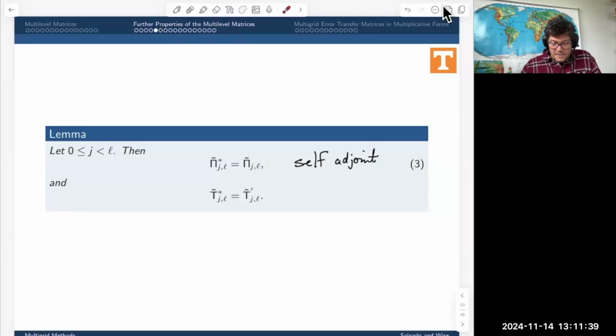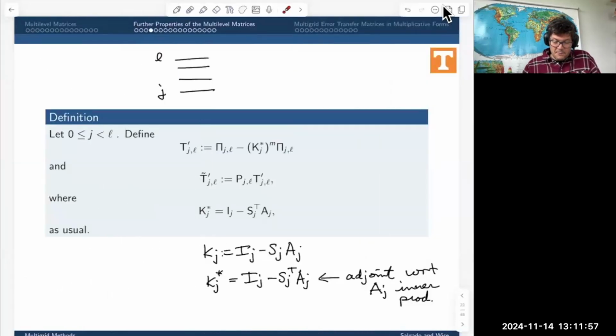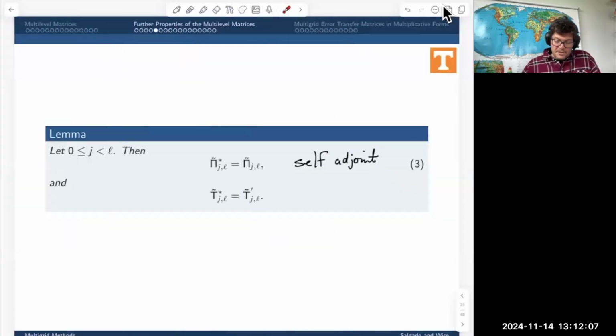And if I take the star, or the adjoint, of this TJL tilde matrix, it's no longer self-adjoint. I get this new matrix that we just introduced, the TJL prime tilde matrix. That's what we get when we take the adjoint of the TJL matrix. All right, so let's prove that. Let's prove that this is self-adjoint. This is not self-adjoint, but I get this new matrix which I just defined.